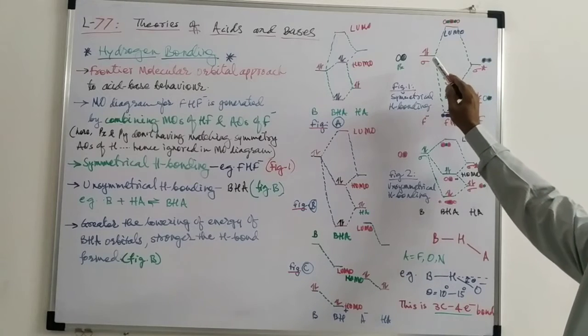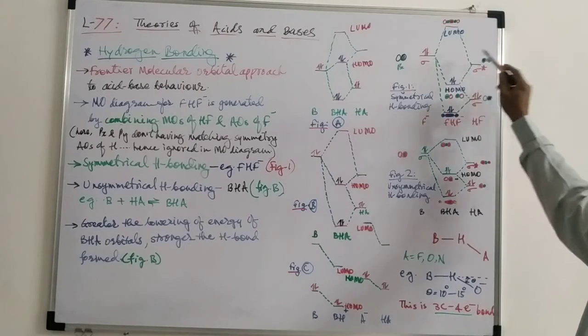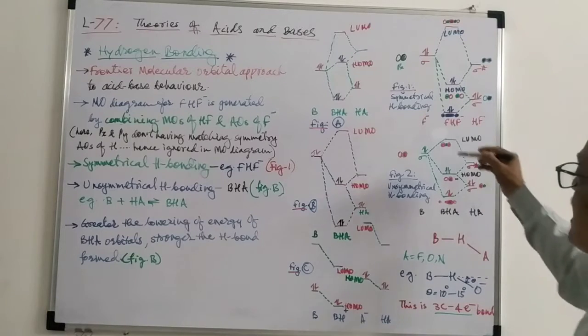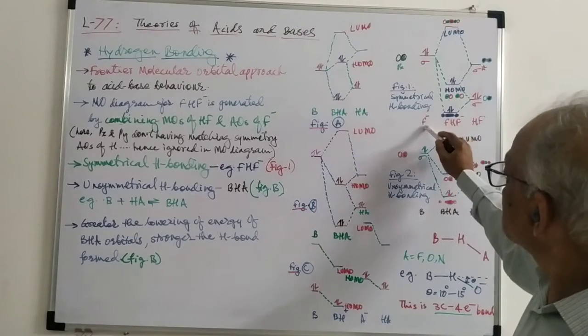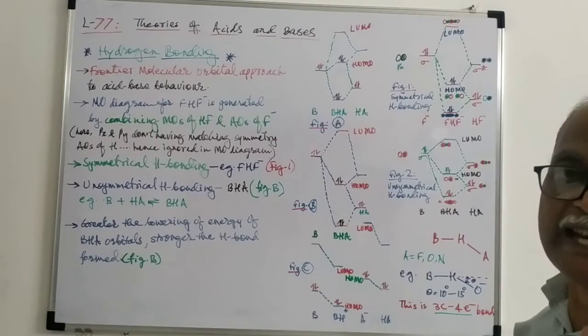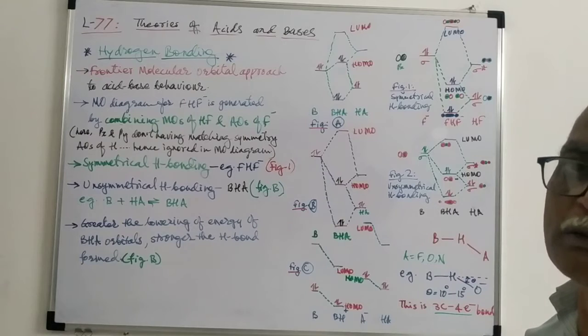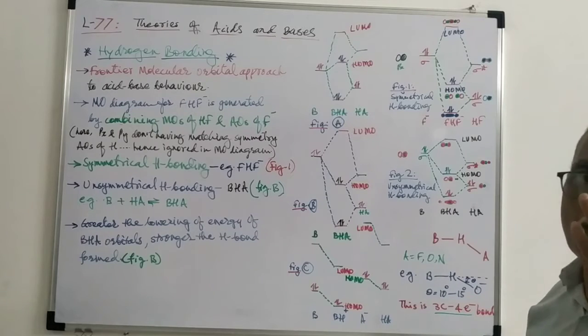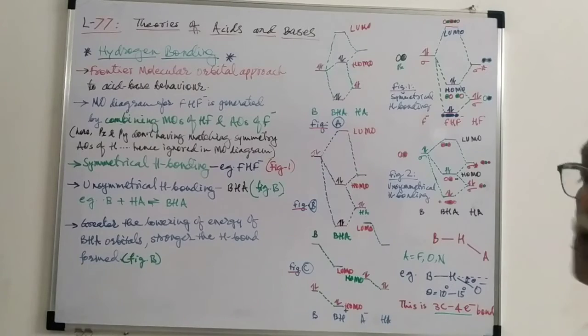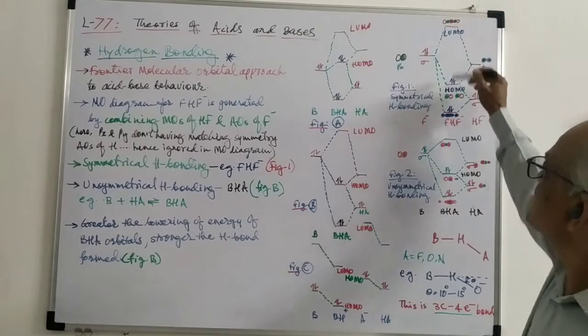The participating atomic orbitals are three: one from F minus and two from HF. After linear combination, they will form three molecular orbitals, which are like this.